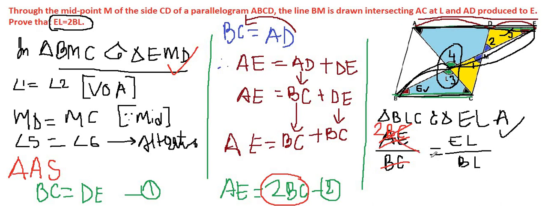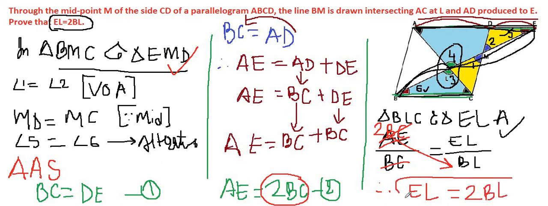If we multiply 2 by this side BL, then we get that EL is 2 times BL, which we had to prove. Thank you.